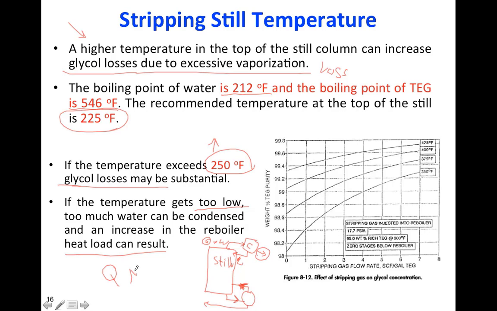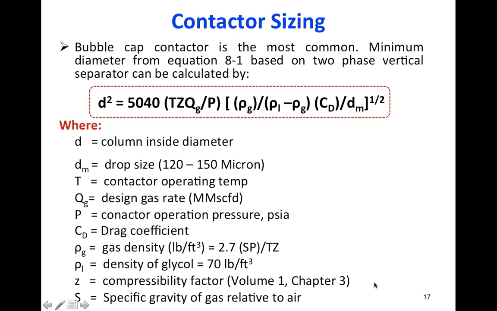So the temperature at the top of the column and at the bottom of the column both have to be in a certain range. This figure shows how these parameters are interrelated. You don't need to memorize this figure. It's just for your information, to show the trend: when we increase something, what happens to another parameter.